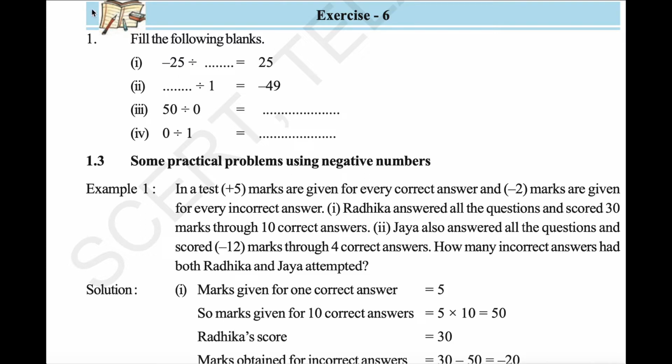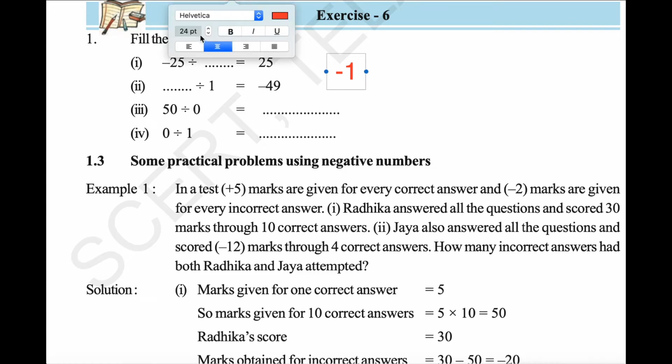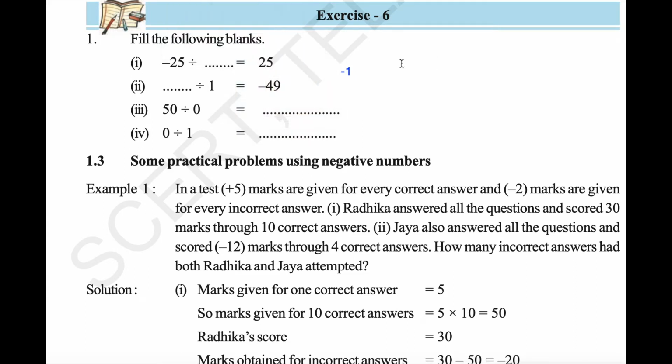Which number will fit here? Let's see. Is it not minus 1? I hope. So that will perfectly fit, I guess. Let's reduce the size. Let's make it the other color. What about here?